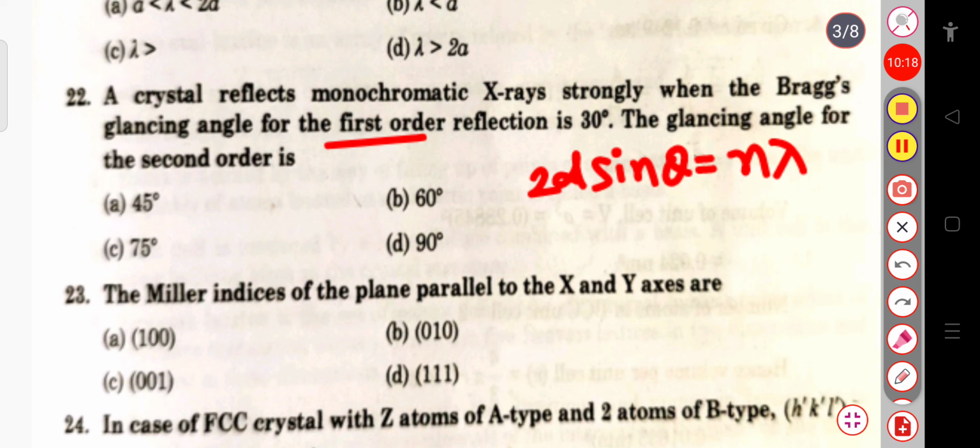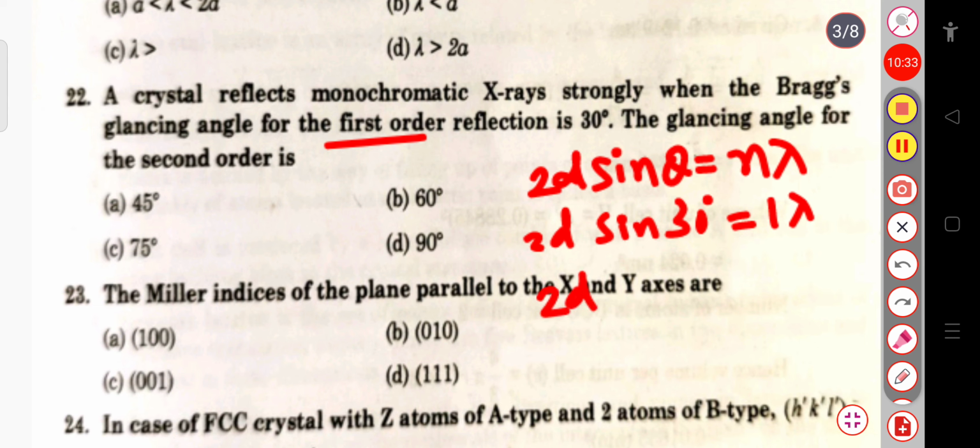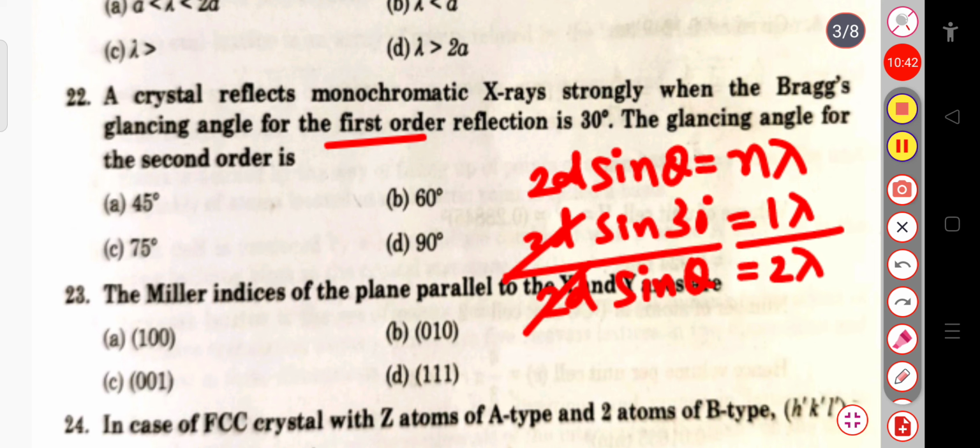First of all, I take the ratio for these two. For the first, 2d sine 30 degrees equals 1 into lambda, and for the second, 2d sine theta equals 2 into lambda. Taking the ratio, 2d gets cancelled and lambda gets cancelled.